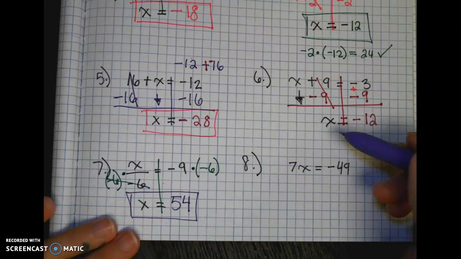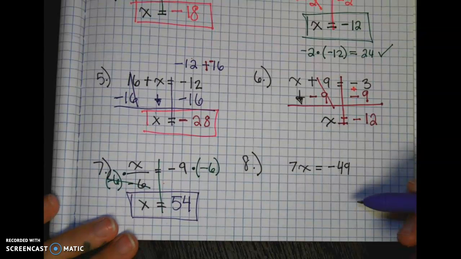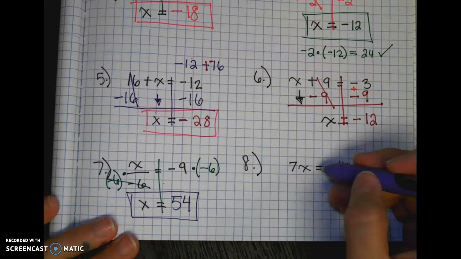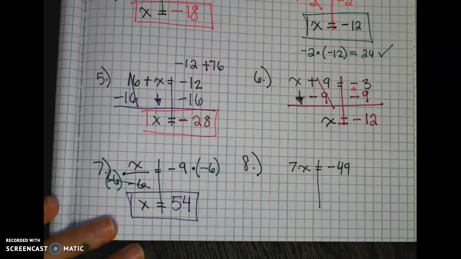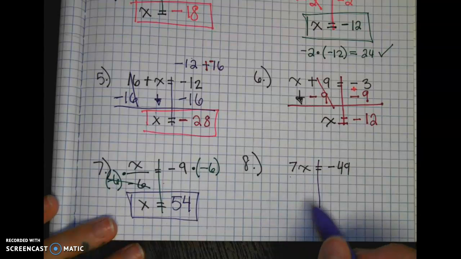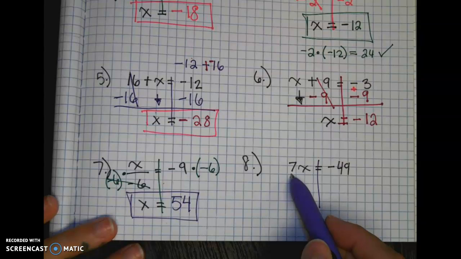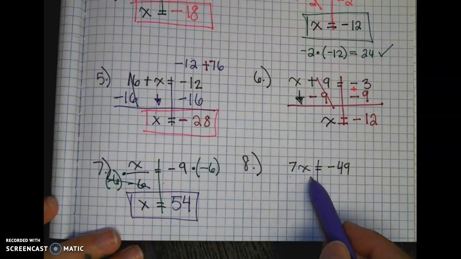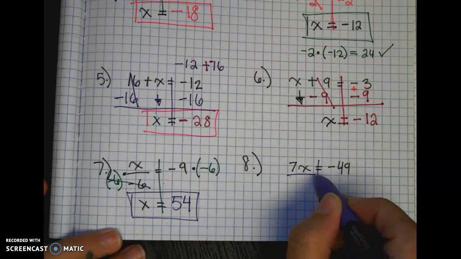All right, let's do our last one. I want you to pause this one and try it yourself if you haven't already. So I'm going to draw my line. I know that these two, this 7 and this x, are married or multiplied together. I want you guys to remember anytime a number next to a letter is multiplication. So the opposite of multiplication is division.